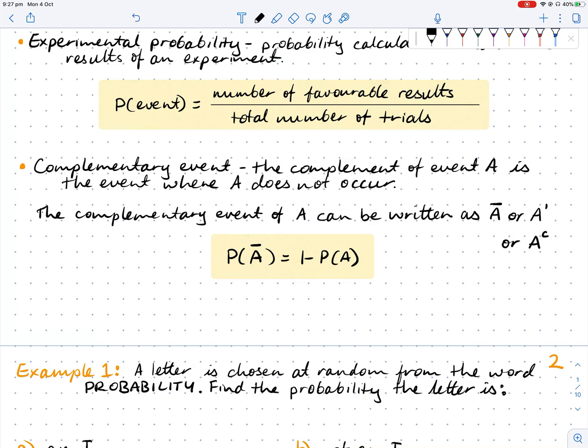Because we sort of looked at all the different outcomes that could have happened, okay? So what we can do to calculate the probability of a complementary event is 1 minus the probability of it happening. Okay, so the probability that it doesn't happen is 1 minus the probability that it does happen, because the two events should add up to 1 altogether.